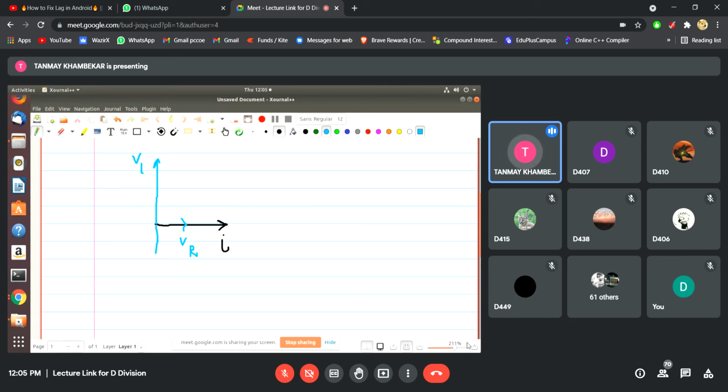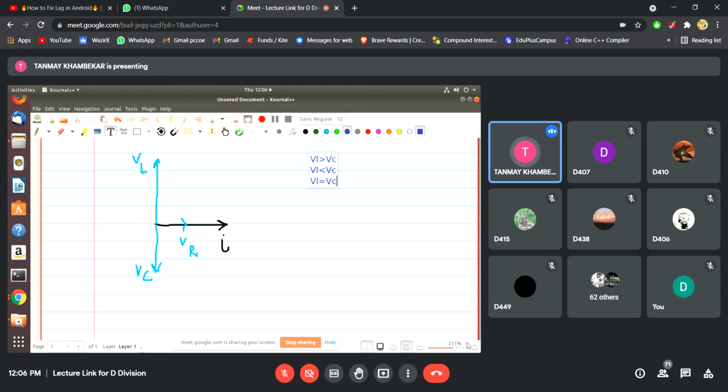Now while taking the resultant of VR, VL and VC, I first have to take the resultant of VL and VC, and then add it to VR. Now there are three conditions in case of taking the resultant of VL and VC. The three conditions are VL greater than VC, second is VL smaller than VC, and third is VL equal to VC.